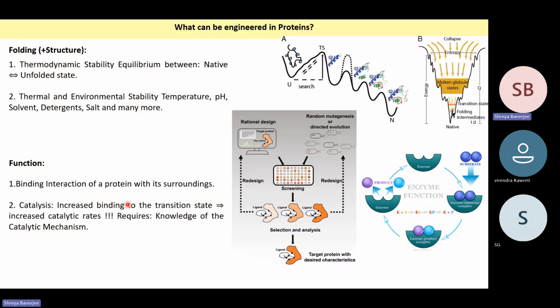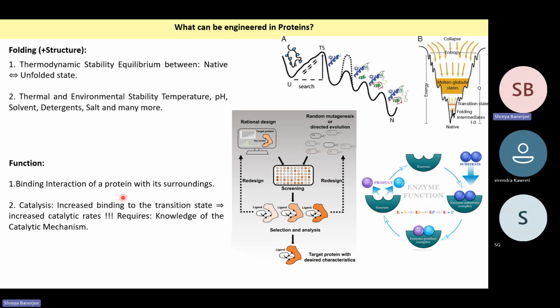Another thing that can be focused on is the function of the protein. We will learn all these techniques in the upcoming slides, but suppose we design a mutated protein by different methods, which we will discuss subsequently, and then we screen the mutated protein for its function. Sometimes the mutated protein will bind with the desired ligand with much higher binding affinity than the native protein.